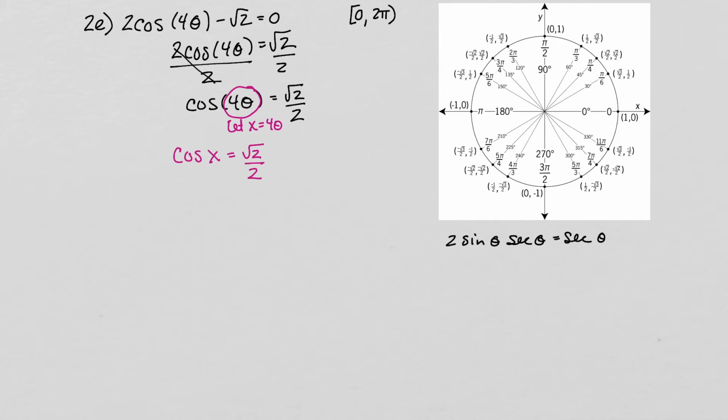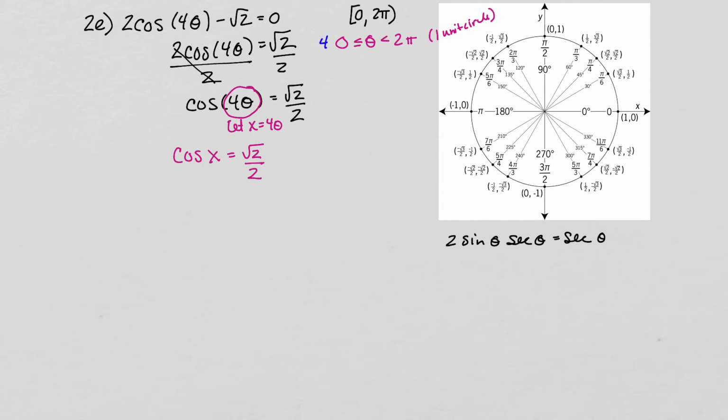What the 4 is saying: if theta is between 0 and 2 pi, that's once around the unit circle. We are looking for 4 theta.